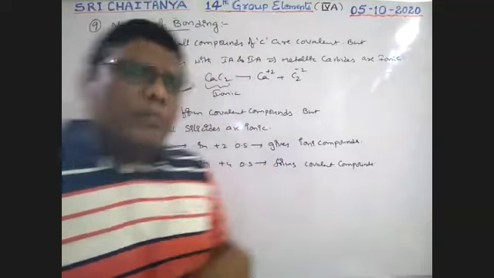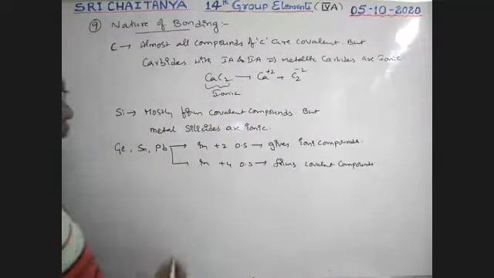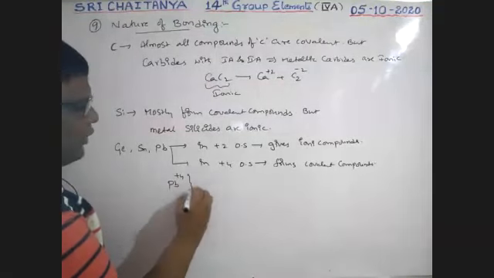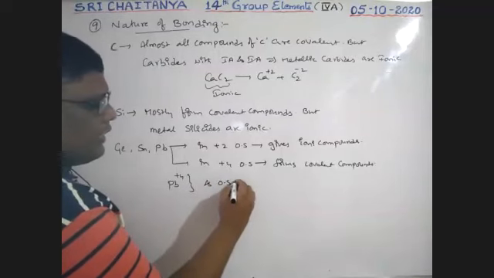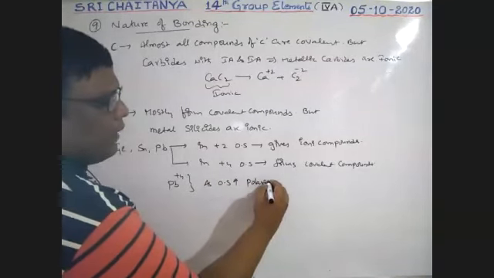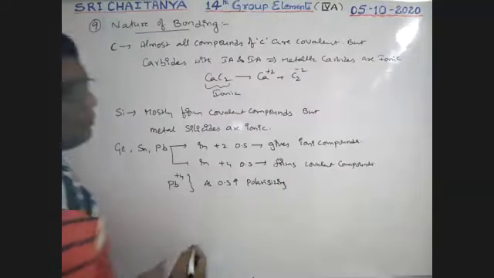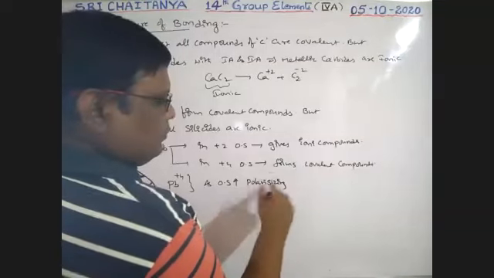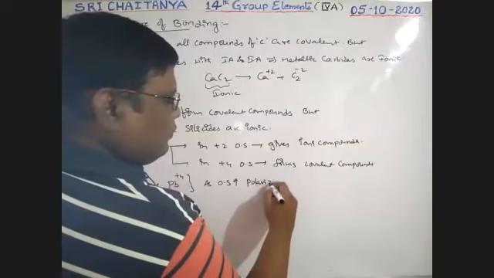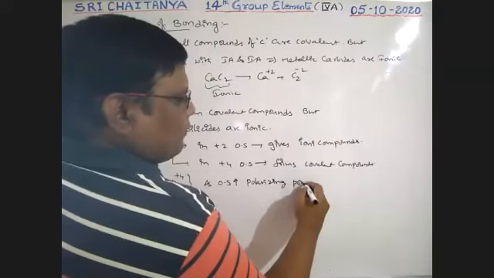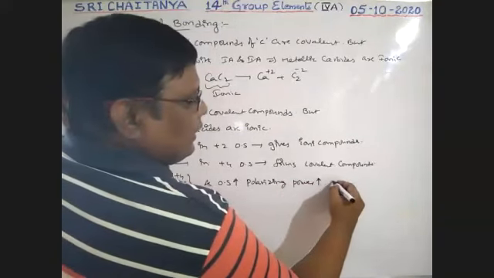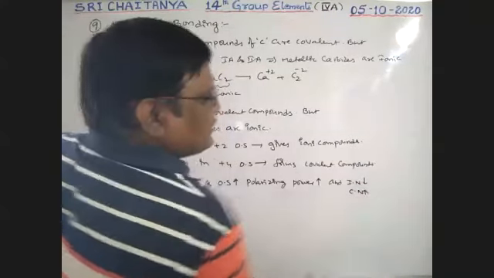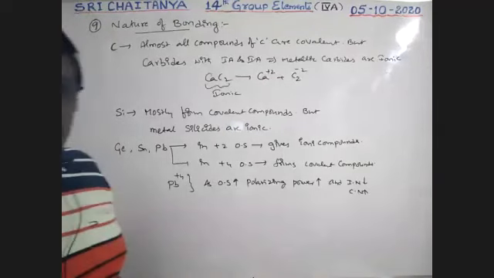So let us observe lead, Pb in +2 and +4. Generally, as the oxidation state increases, polarizing power increases, and hence ionic nature decreases and covalent nature increases.